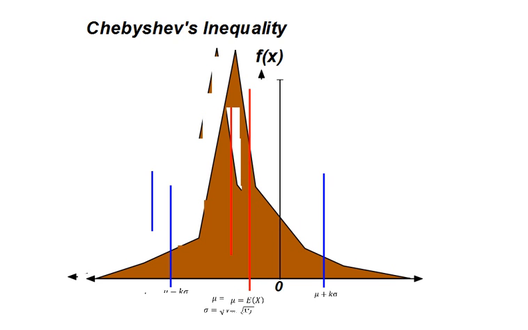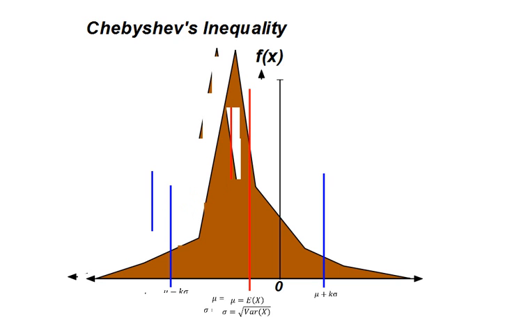And then we are interested in showing that the probability that the variable is far away from the mean is small. Okay, so we denote by sigma the standard deviation, and we say, okay, let's go up a distance of k times sigma, or down a distance of k times sigma.